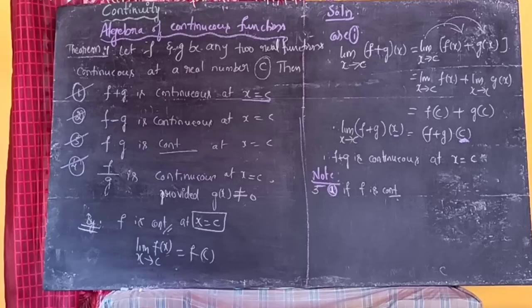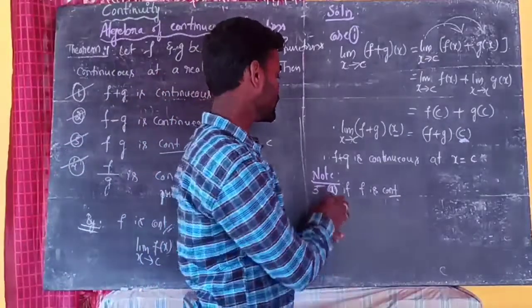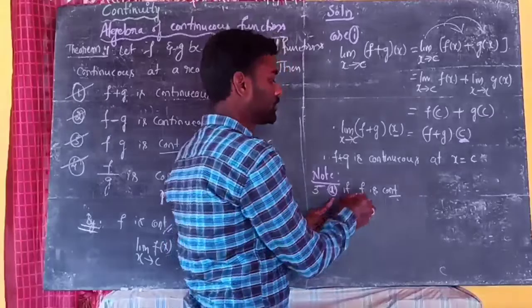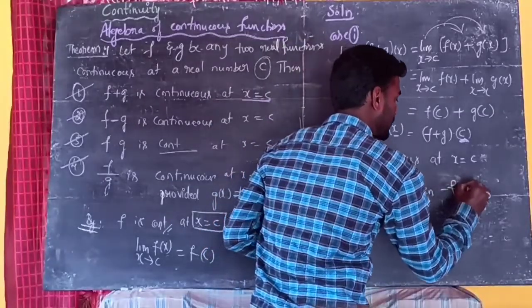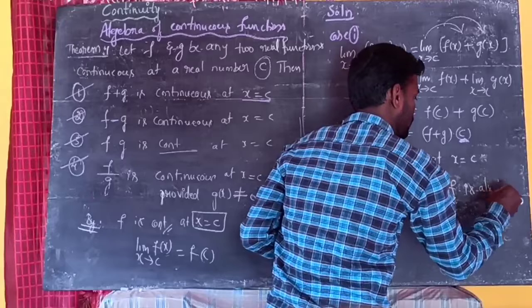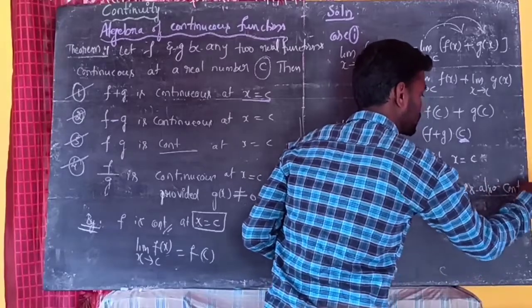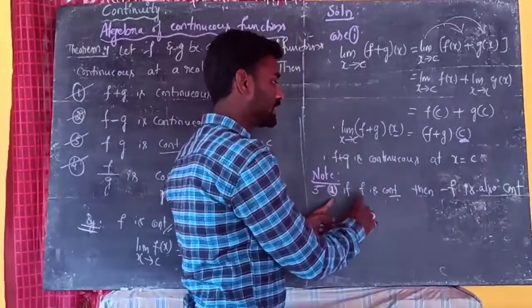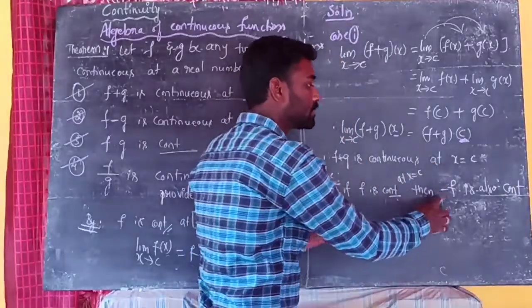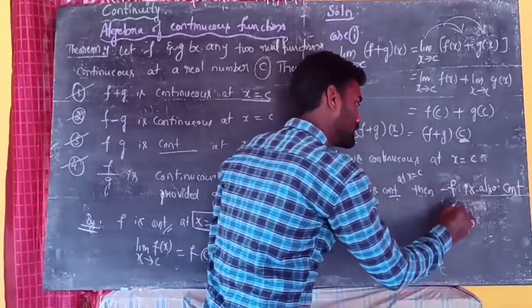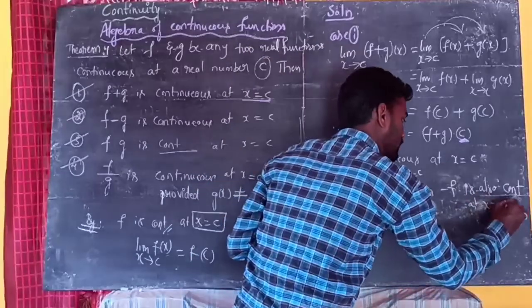Note third A: if f is continuous at x equal to c, then minus f is also continuous at x equal to c.